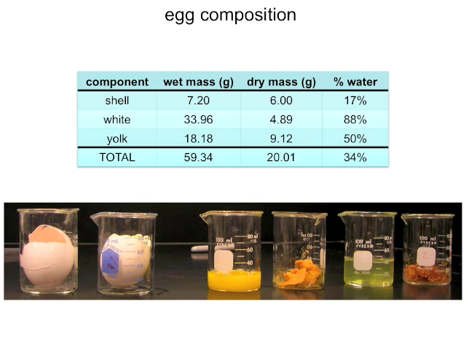But when we dry that out for a couple of days in an oven, what we see is the shell only loses a small fraction of its mass to evaporated water, 17% or so. The white, on the other hand, loses almost 90%, so almost 90% water, going from 34 grams down to about 5 grams, and the yolk only loses 50% of its mass as water.